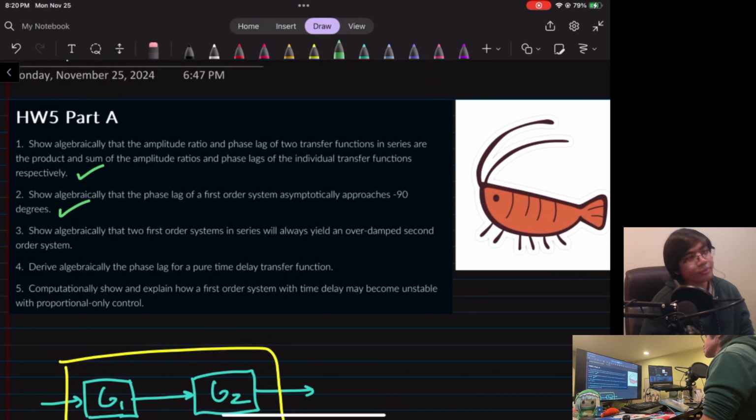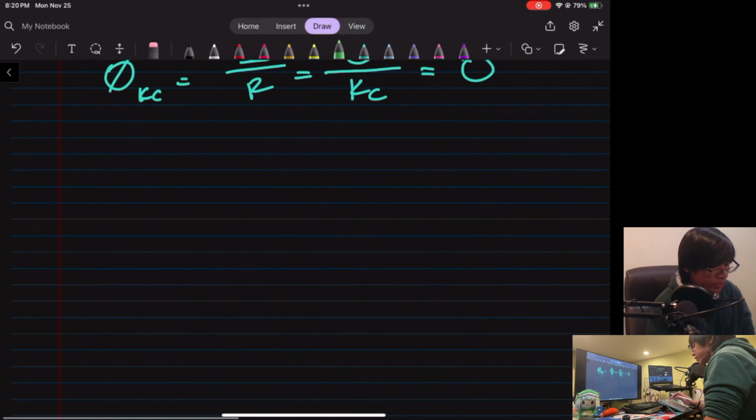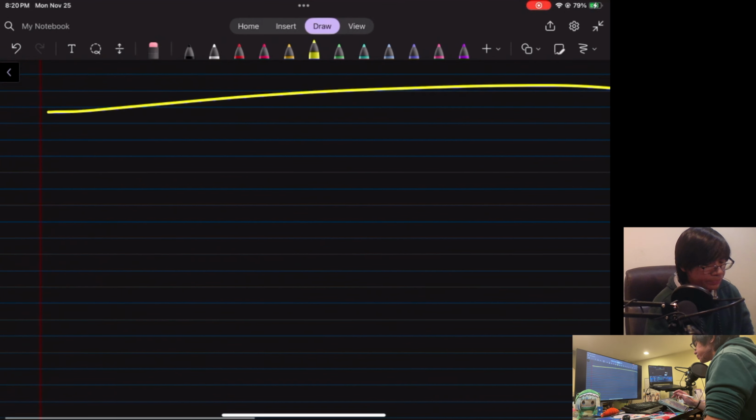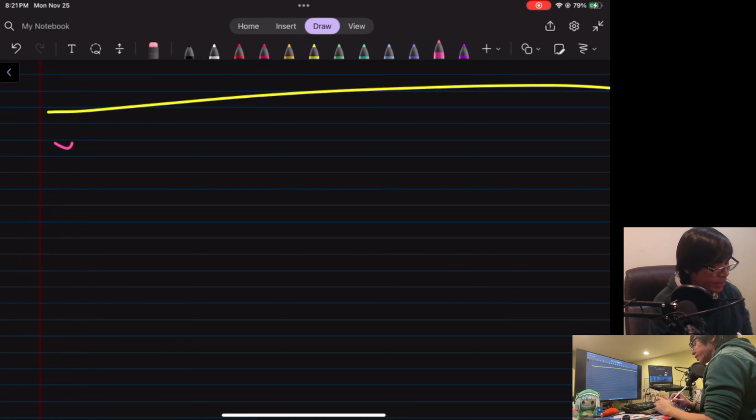So, I don't know if it's worth doing. I guess I could show what the second order looks like, if I remember correctly here. So, the second order transfer function comes about. I don't think we've done this before. In class, we were shown that it is the Laplace transform of a second order differential.